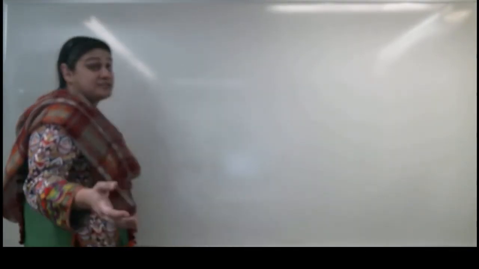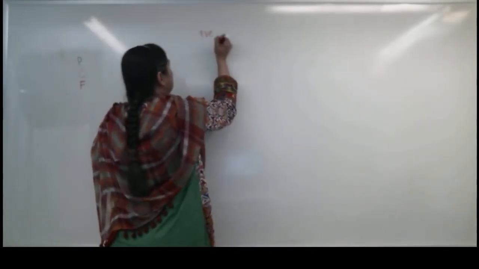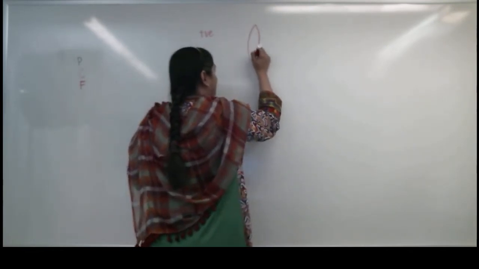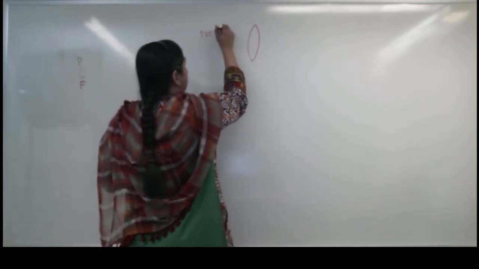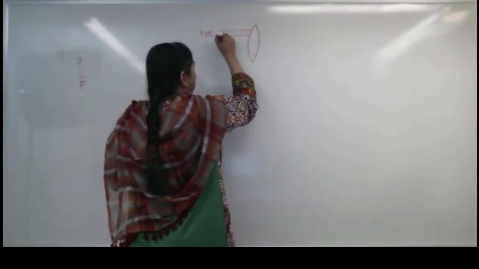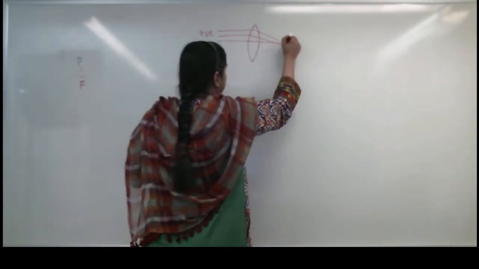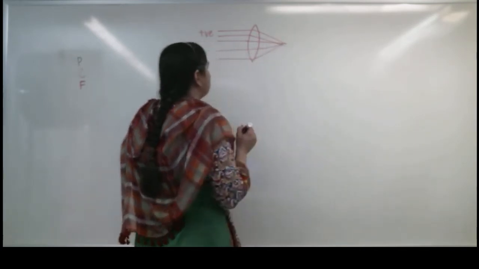First, let me talk about how these lenses behave in certain situations. First off, we are going to talk about our positive lens. Our positive lens is our convex lens. What that does is all the rays that are coming in, it basically converges them to a particular point. I'm doing a terrible job, but this is what it does.